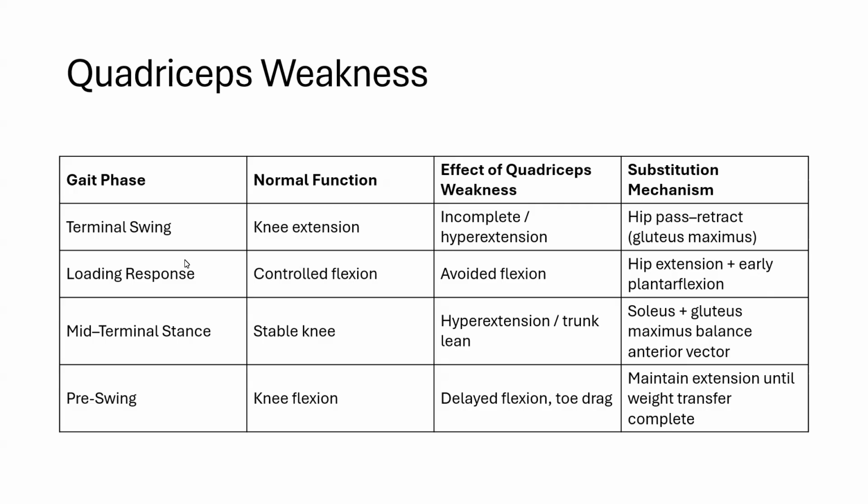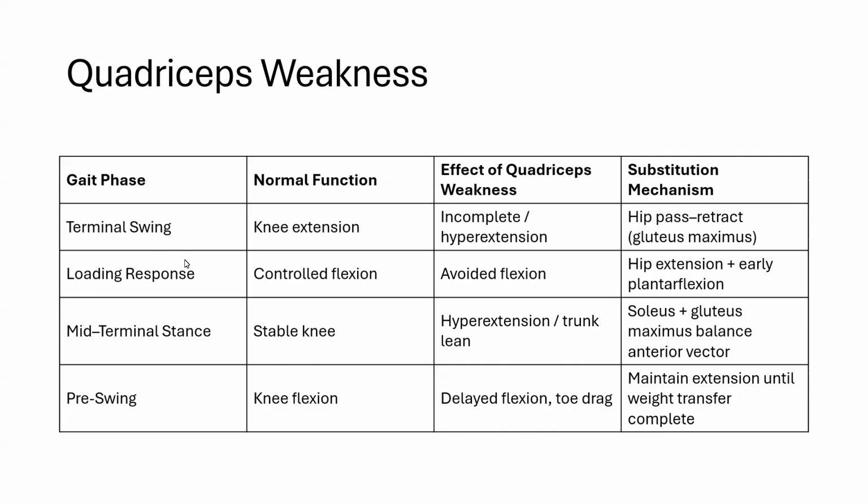So here the normal function is knee extension, and the effect of quadriceps weakness will be incomplete extension. How does the body try to overcome this? Either by a quick hip flexion, which advances the femur and the tibia altogether, or rapid hip extension. Rapid hip extension, like the gluteus maximus, retracts the femur while the tibia still holds inertia, which causes an extension movement. So this is a substitution mechanism which is used.